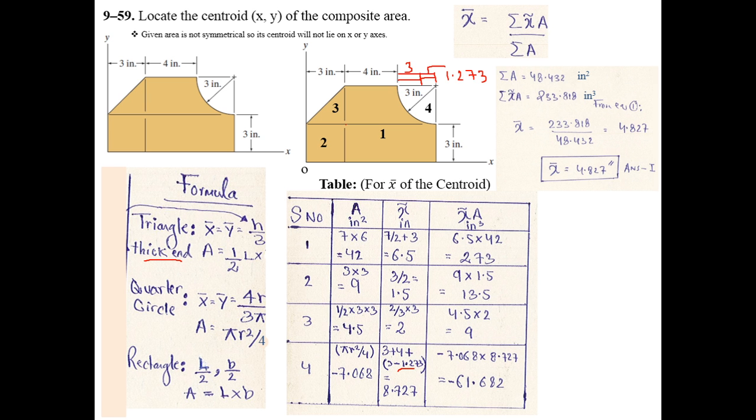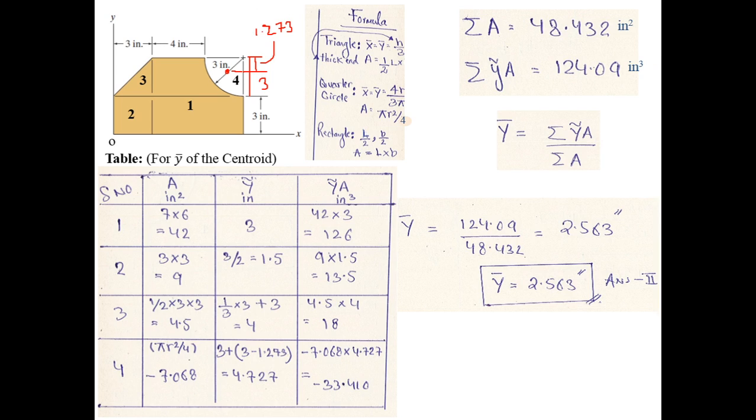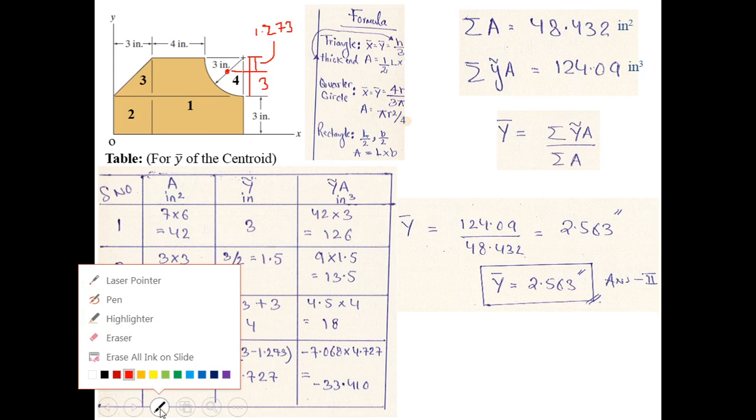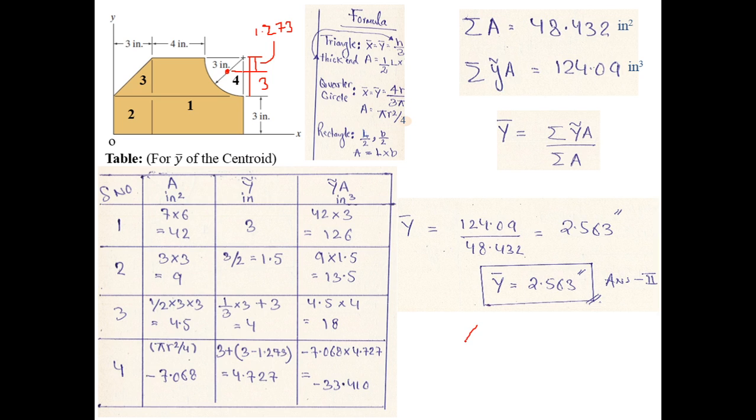Sorry, so x was 4.827, and then y bar comes out to be 2.563.